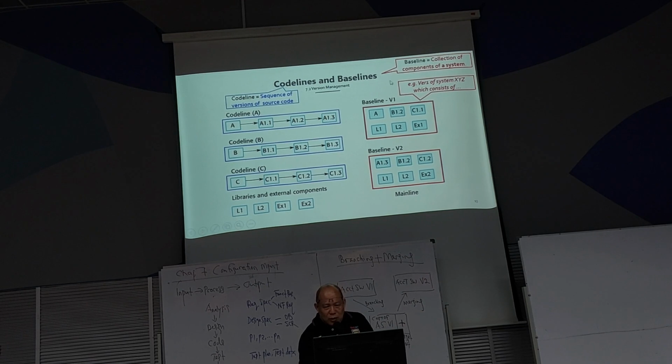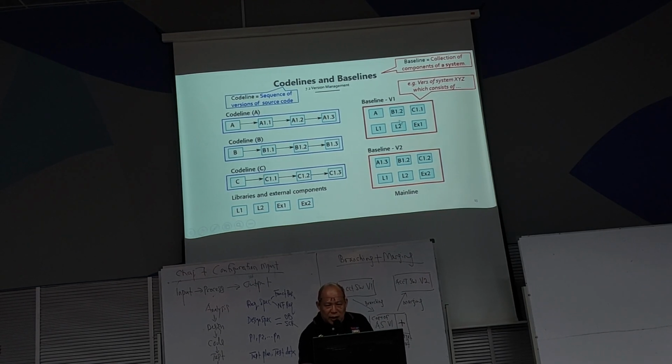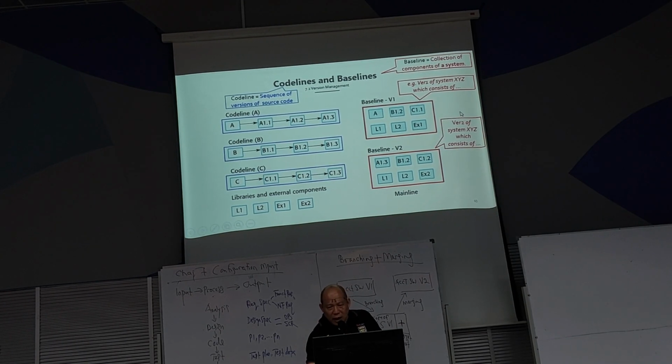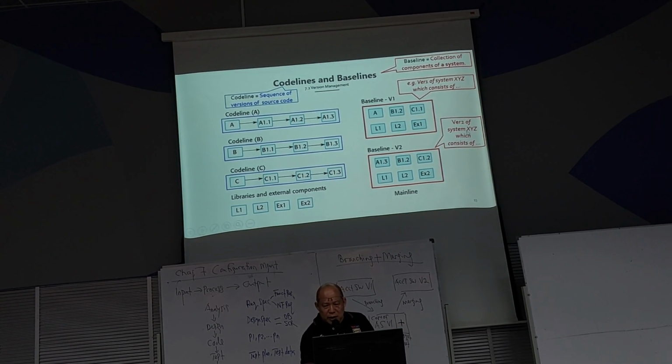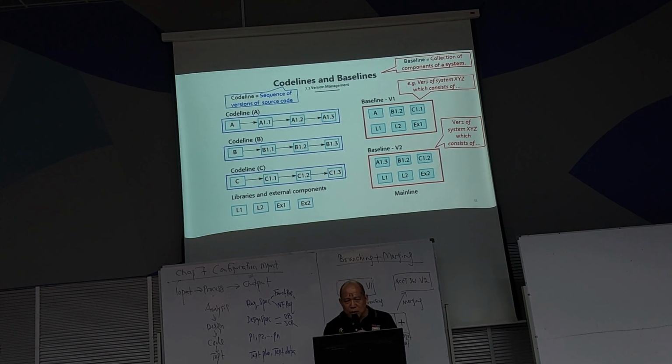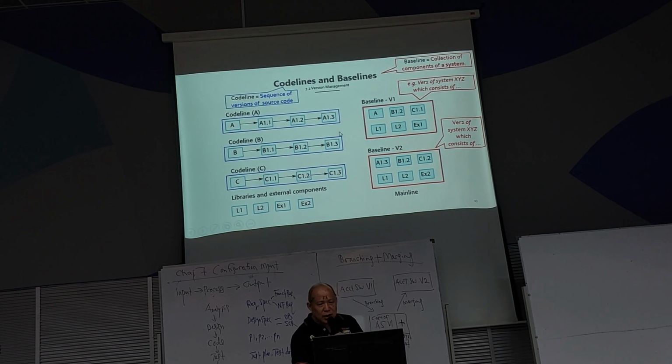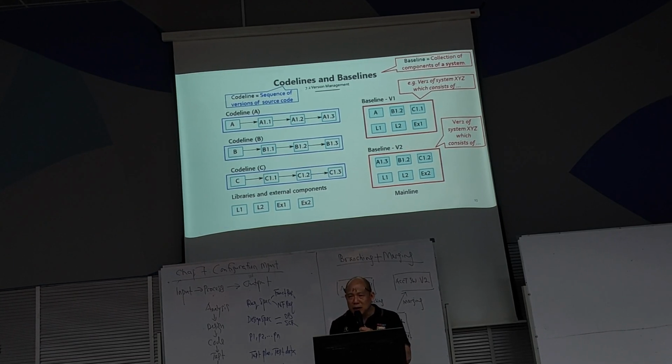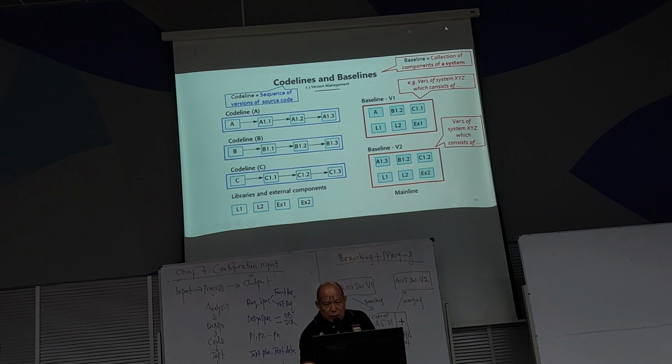All these components make up version 1 of system XYZ. And this can be version 2 of system XYZ, which consists of A1.3, B1.2, C1.2, L1, L2, and external components too. So that's baseline. Baseline tells you what the components of a particular system are. Baseline version 1, baseline version 2, these are of the same system.